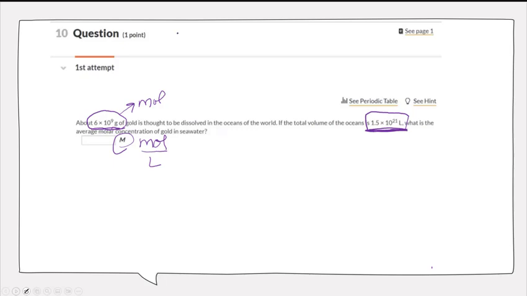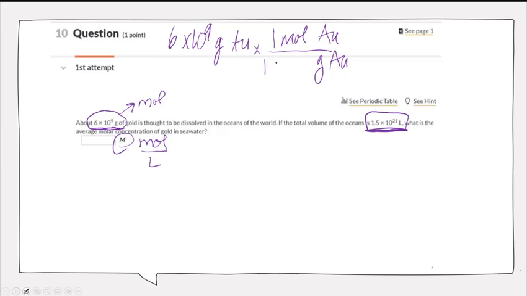So I'm going to start with 6 times 10 to the 9th grams of Au. Now I'm going to look at the periodic table. I want grams of Au in my denominator. For 1 mole of Au, the periodic table tells me that its mass is 196.967.